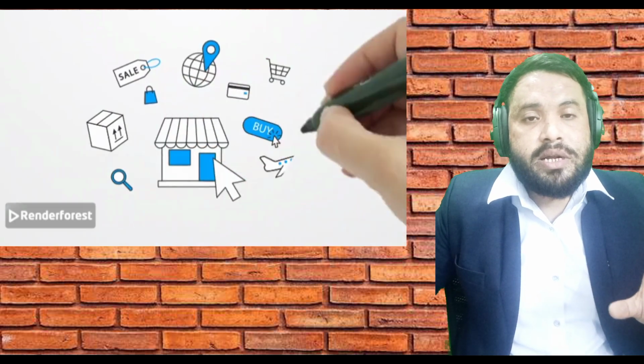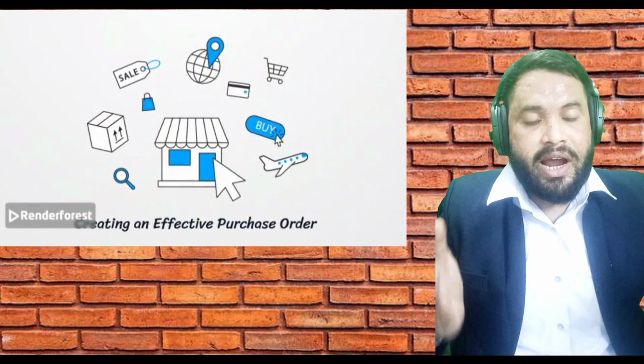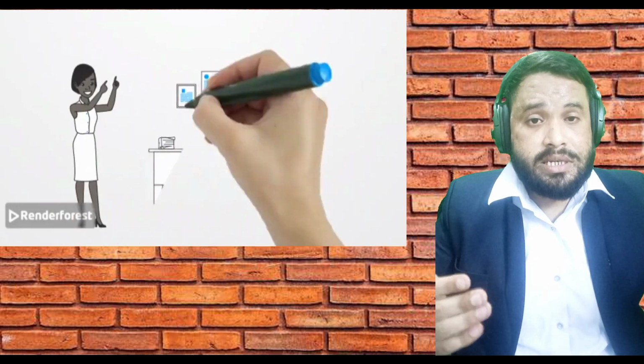As you all know, I will not go too deep into the PO. The PO is the purchase order. I will create the purchase order on behalf of the requesters, as these are the 500 laptops that the requesters need.